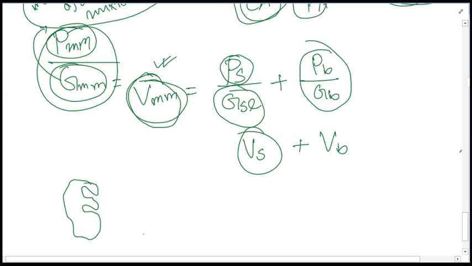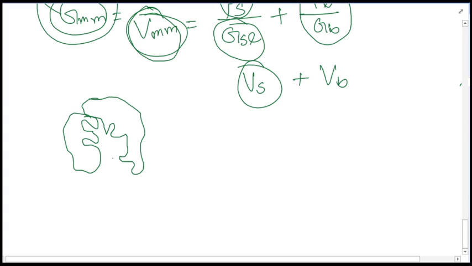So let's think about this. This is aggregate mixture. If aggregate mixtures are there, then we will be totally ignoring the bituminous portions.